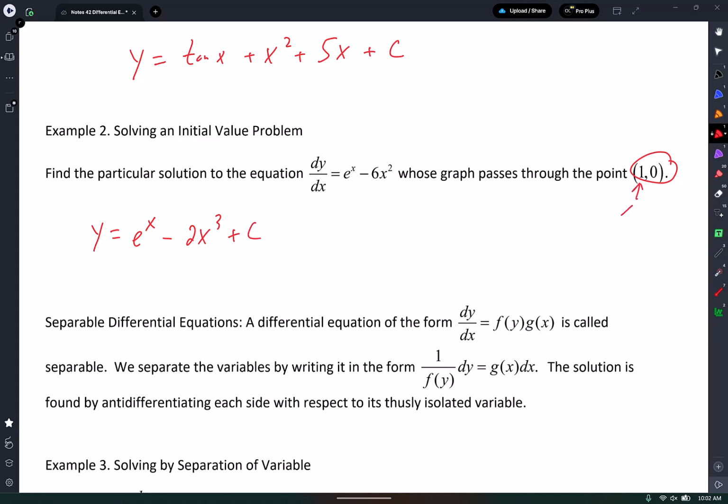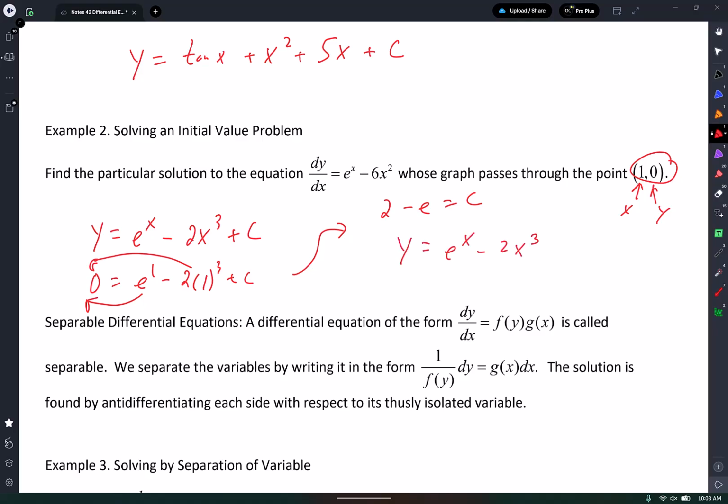So that's an x, this is a y. So I'm going to write 0 equals e to the 1 minus 2 times 1 cubed plus c. So from that, let's move everything to the left here. We're going to get 2 minus e equals c, and there it is. So I'm going to write y equals e to the x minus 2x cubed plus 2 minus e, and this is that particular equation.